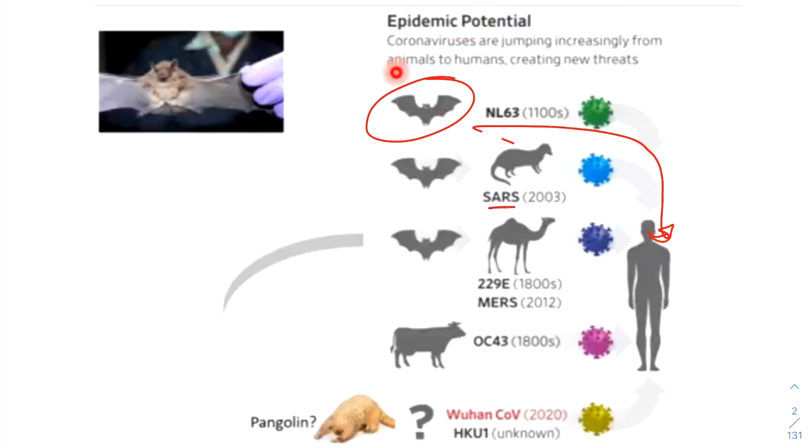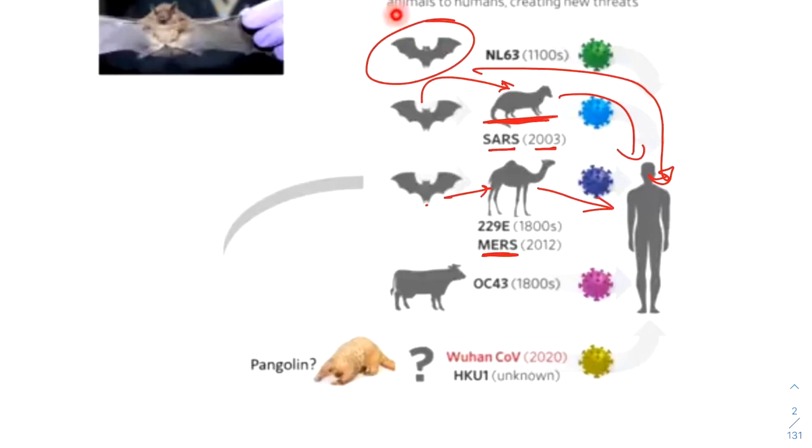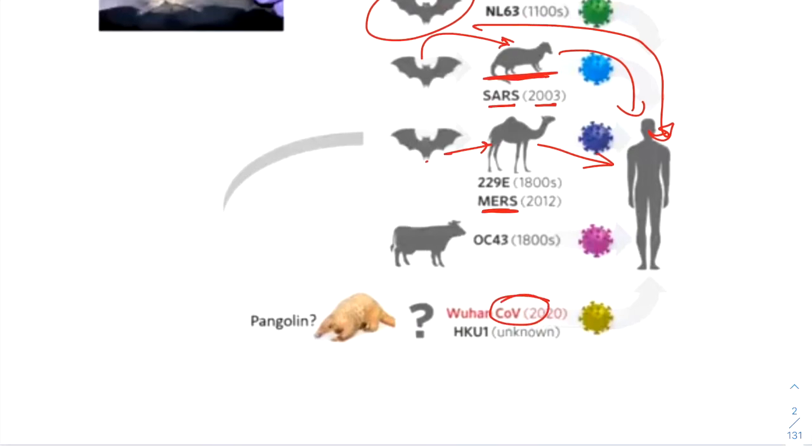In the case of the SARS virus, which originated in 2003 in China, a civet cat was the intermediate host. From the bats, it was transmitted to civet cats and then to humans. In MERS, through the bats, it was transmitted to camels and then to humans.